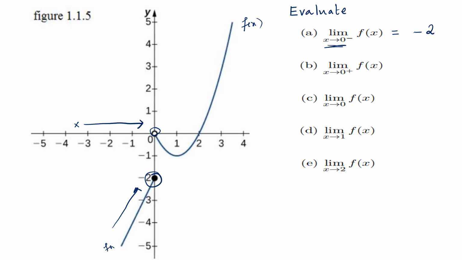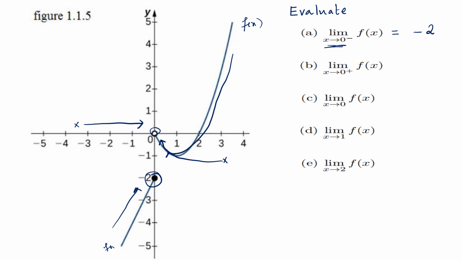So the limit of f(x) when x tends to 0 from the left side is equal to -2. In the same way, the limit of f(x) when x tends to 0 from the right side. Suppose x is here, x tends to 0 from the right side. So f(x) is going like this.